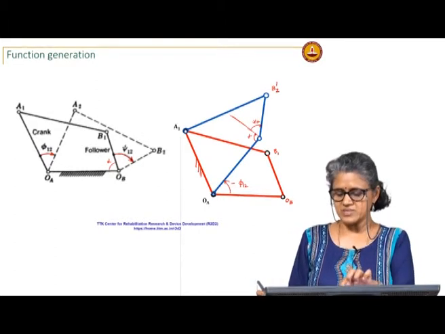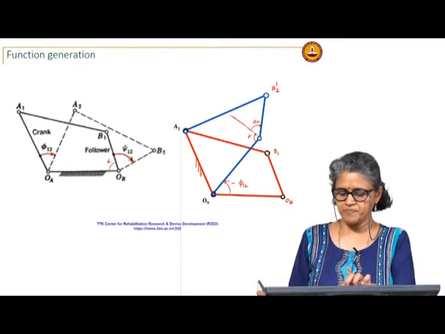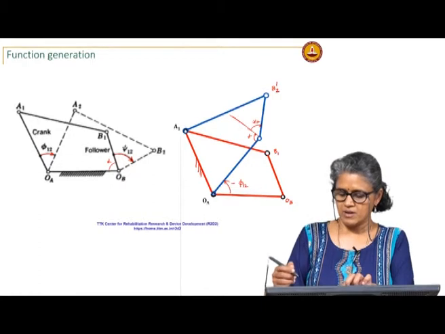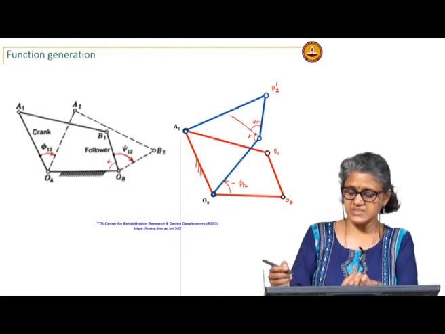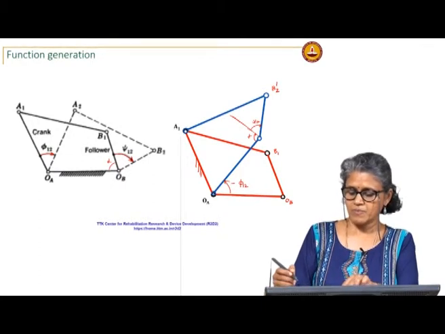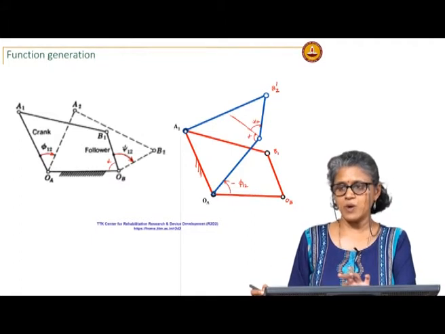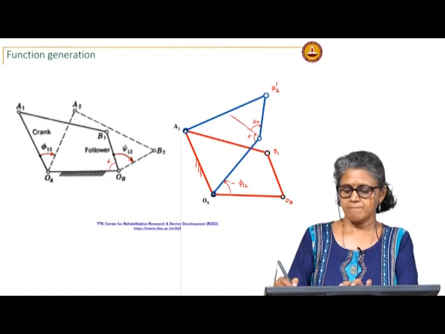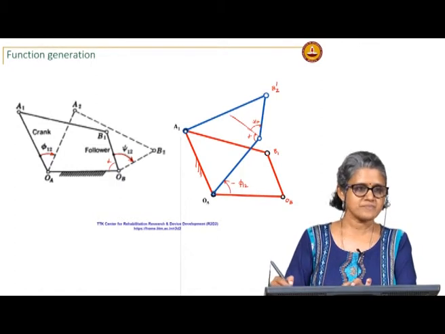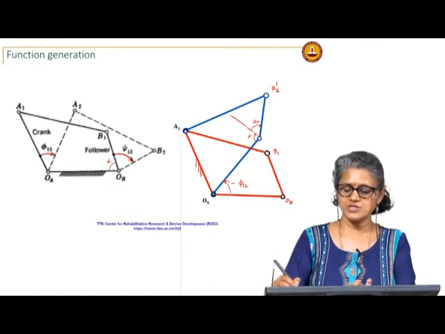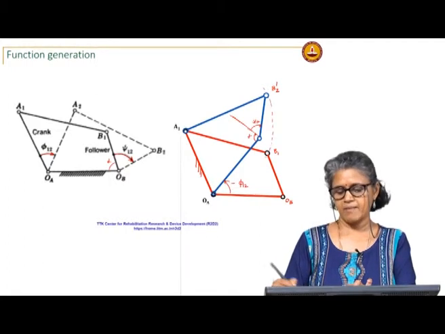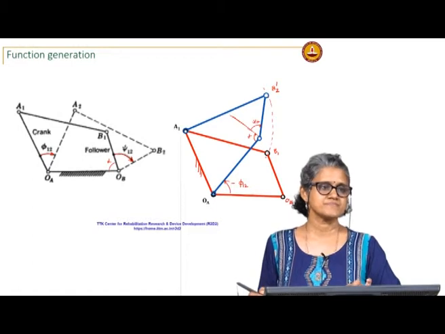If I do this, it means that with respect to A1, the motion from B1 to B2 dash should have happened along a circular arc.